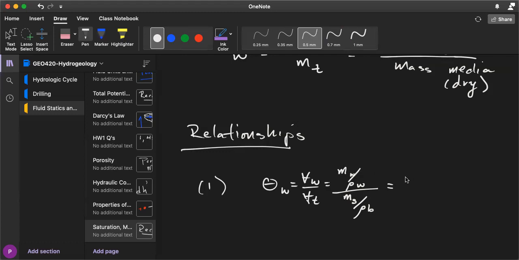And if I do some algebra here, I get MW over MS times rho B over rho water. So the volumetric water content is the mass wetness times rho B over rho water.